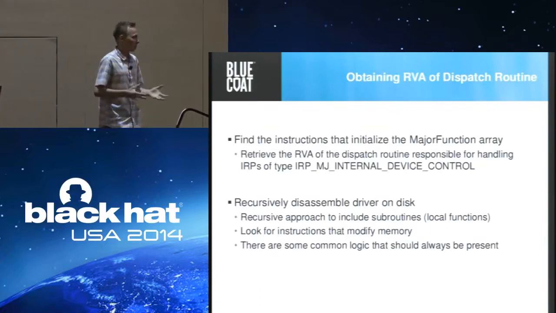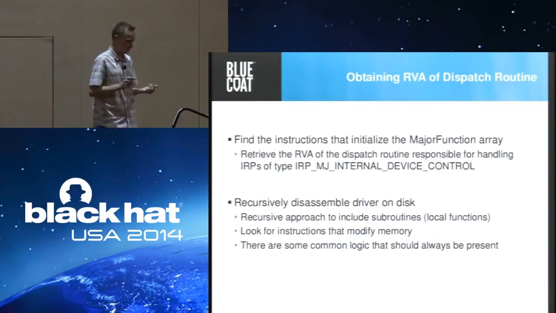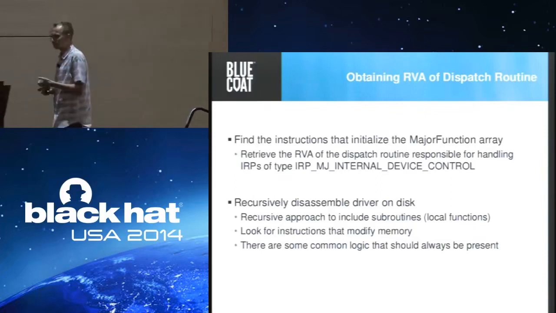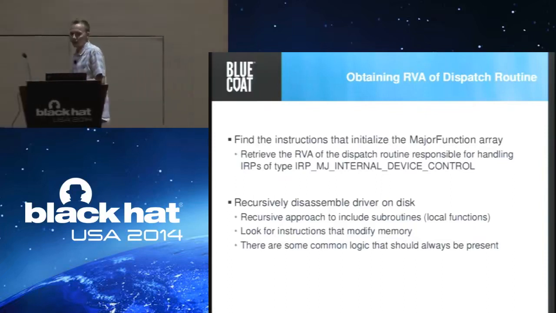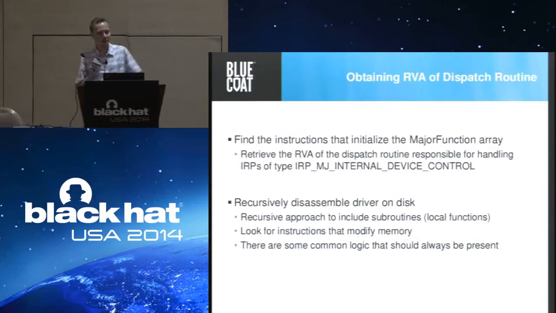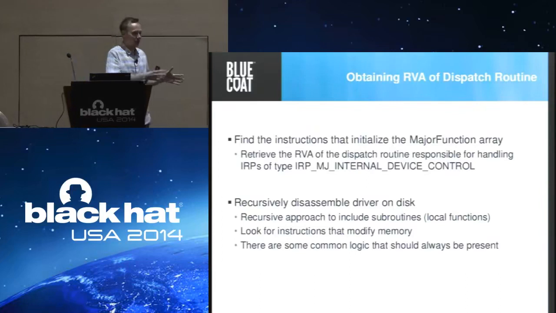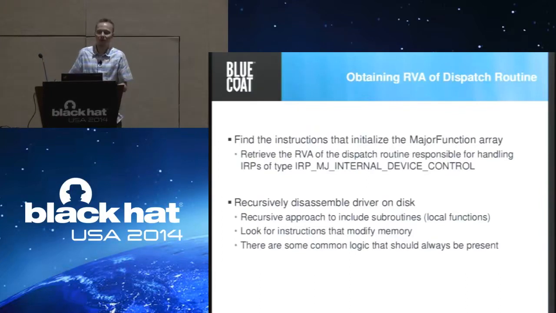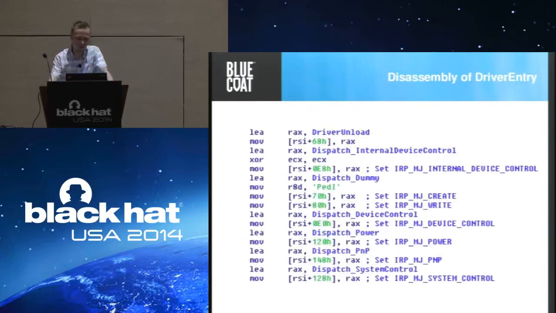We have to do it recursively because the instruction might reside in a local function or in a subroutine. And then we look for instructions that modify memory. And luckily, there is some common logic among the various miniport drivers out there, so we can use that in order to find it.